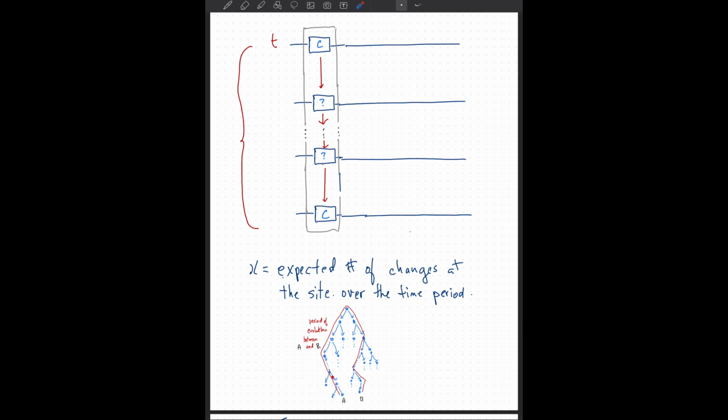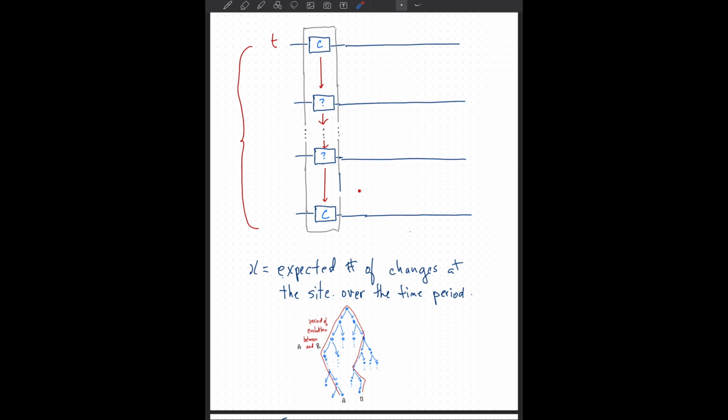This period of evolution, this plus this, separates those two species. The total length of that red line is the amount of evolution, which is proportional to the number of times your Markov chain has changed states.